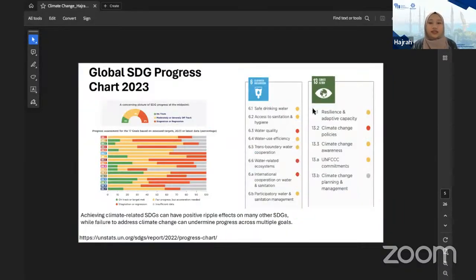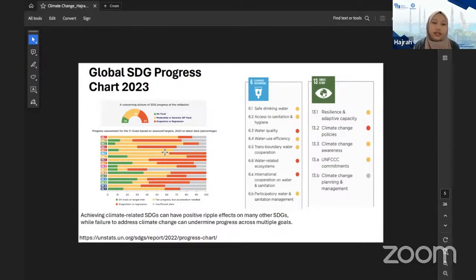Here is just an overview of where we are now in the progress of the SDGs. If you can see here, there are 3 different colors. The green color shows that the goal is on track or the target met.